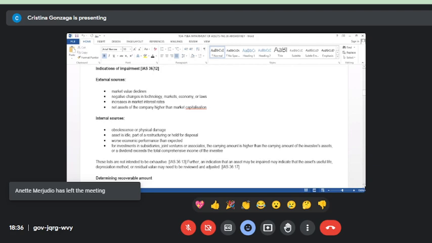Anything that is idle, anything that is non-productive, will be impaired. Kahit ang mga utak natin, kapag hindi natin ginamit and it remains idle for a long period of time, ano mangyayari? Magdi-deteriorate. I read this from a scientific magazine, something like a medical journal.